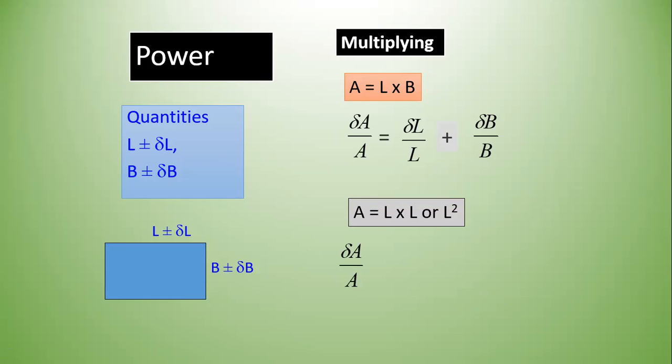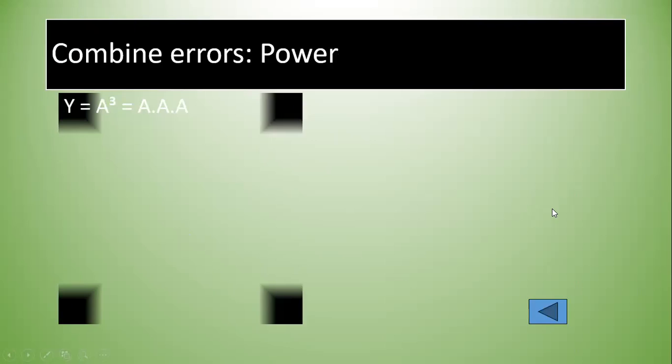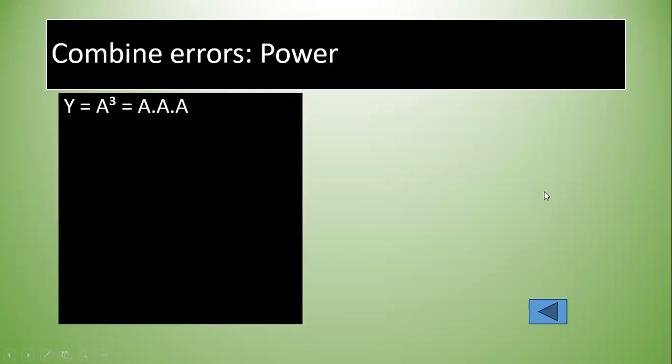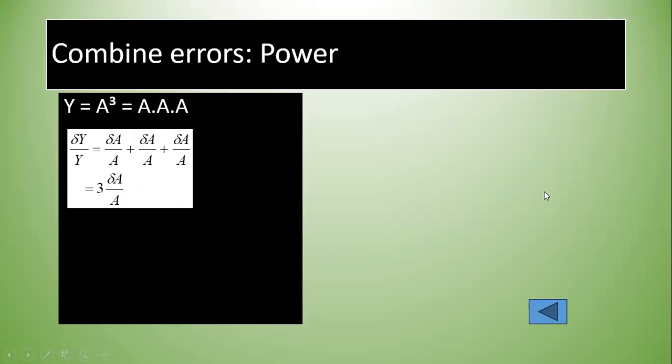So if it's L squared, same thing. You can write the same thing and learn from it. We get 2 delta L. That 2 is because of the square. We can repeat it for the power 3, same thing.